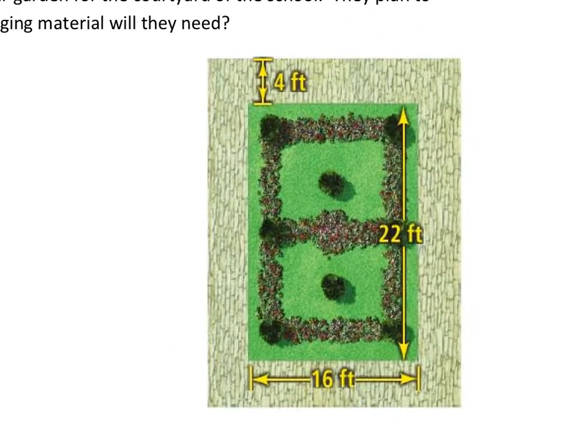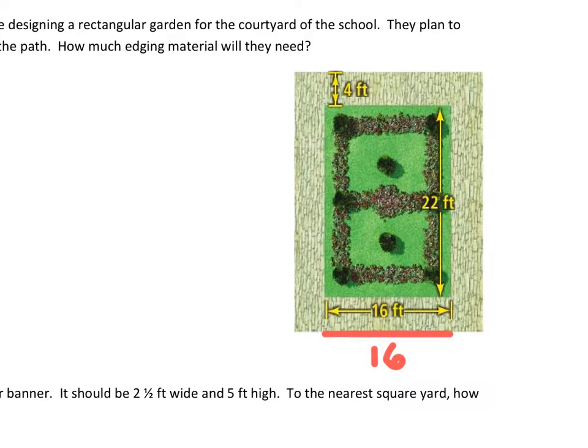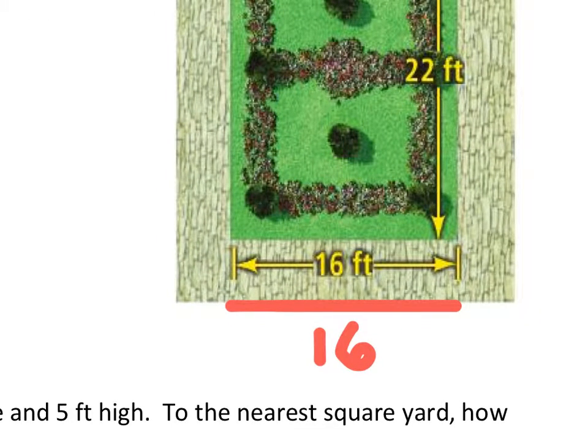Well, they give us some initial information in this diagram. I know that this distance right here is 16 feet. All right, and they also show us up here that 4 feet is the distance from the edge of the garden to the end of the edging. So how I can use that information is I now know that to complete this drawing that this is 4 feet, and also here on this outside, this is 4 feet as well.